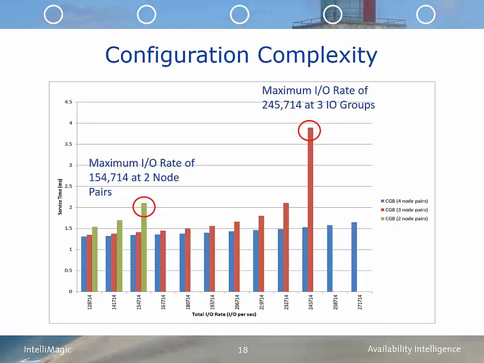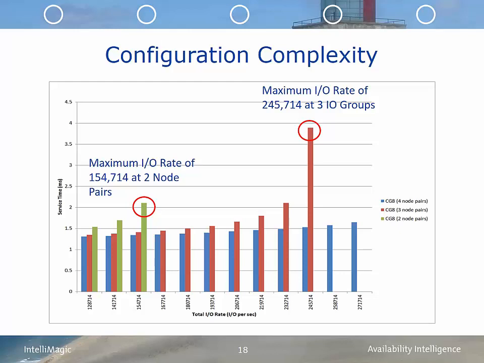One of the daunting tasks when configuring your storage infrastructure is determining the best configuration for your workload. When you're designing an IBM SVC solution or Storwize solution, one of the things that you have to do is determine the number of node pairs. In this chart, we show the response time at different workloads for different node pairs. The green stacked bar shows a 2-node pair, the red shows a 3-node pair, and the blue depicts a 4-node pair.